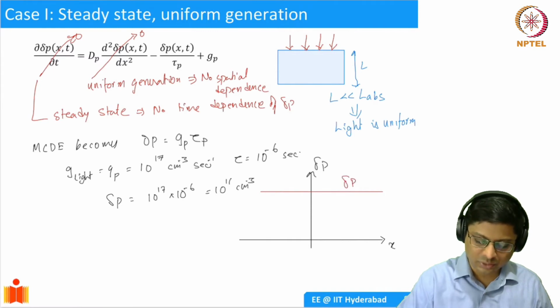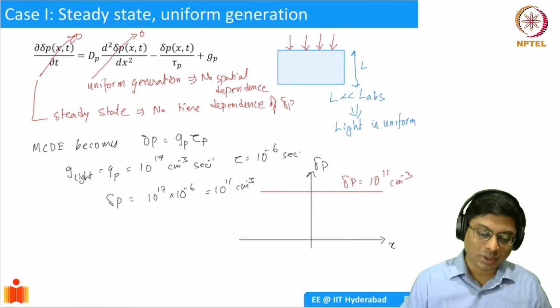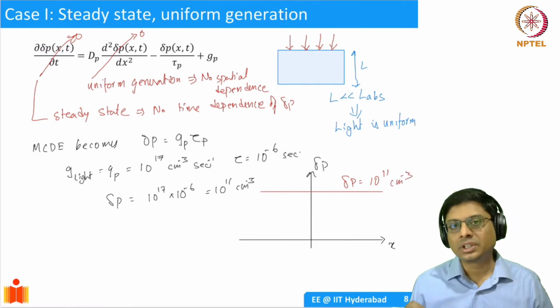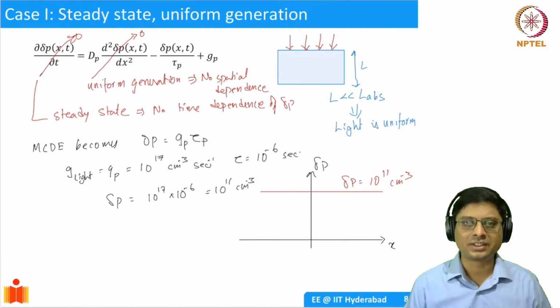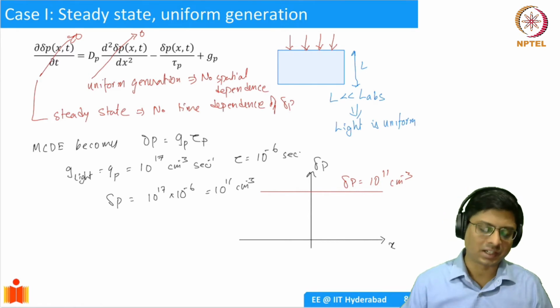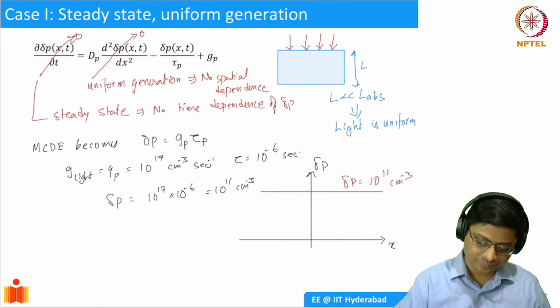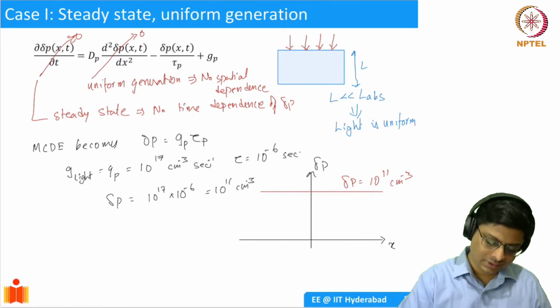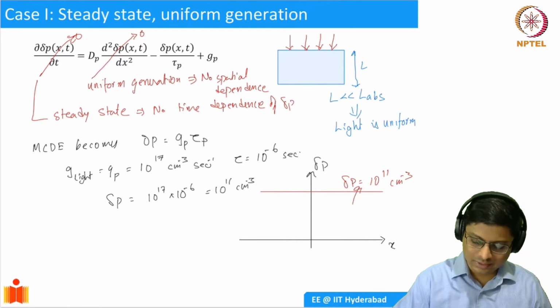Delta P is going to be, in this case, 10 power 11 per centimeter cube. I want you to appreciate this: even though the rate of generation is 10 power 17 in my case, in the steady state, the net excess minority carrier density is going to be 10 power 11.